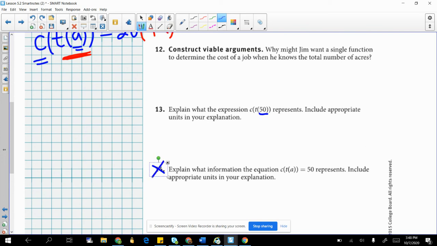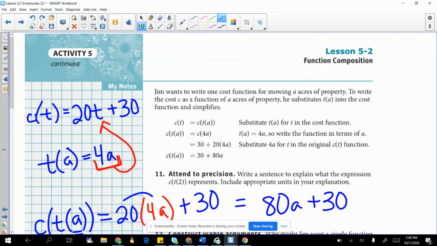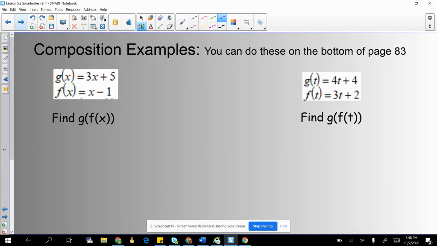All right, so that's kind of a word problem way of doing this, but let's go ahead and take a look at how to just write these. And you probably have some room at the bottom of page 83 to try these out. But in this first example, we have g of x and f of x, right?